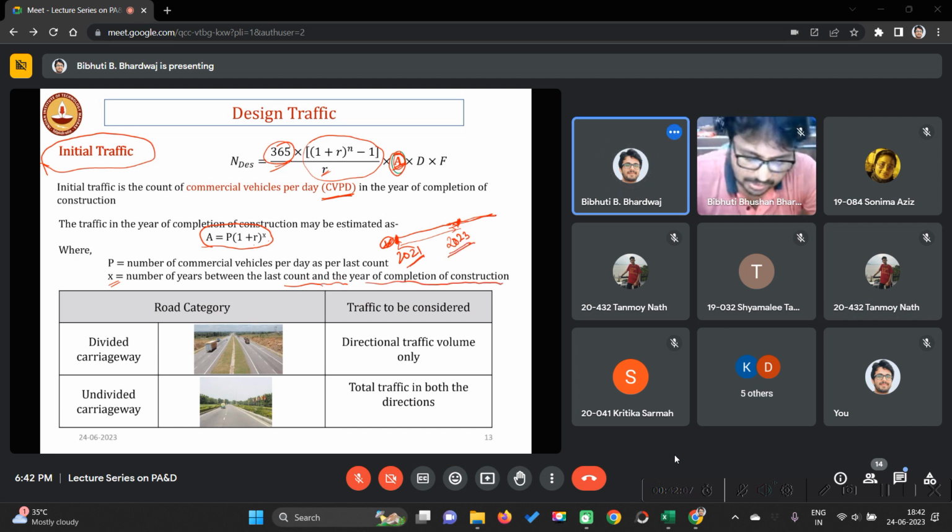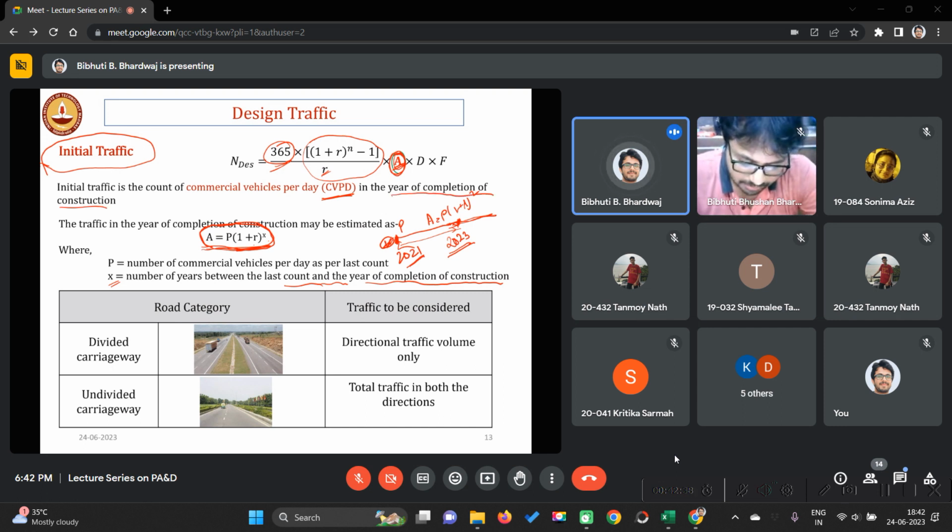These 2 years need to be considered, and only then do you get this A. Suppose here it was P, then in 2023 it will be P into (1 plus R) to the power 2. This will be called your A. That means this A is the traffic in the year of completion of construction.